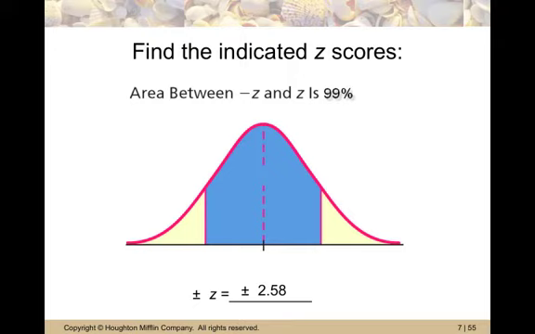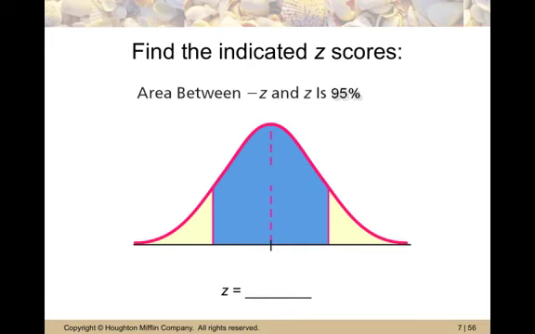So then you drop the negative and it gives you the positive 2.58. Okay, if the area in between is 95%, that gives you 5% in both tails. So 2.5% or 0.025 in the lower tail. And so you look that up and you get plus or minus 1.96.